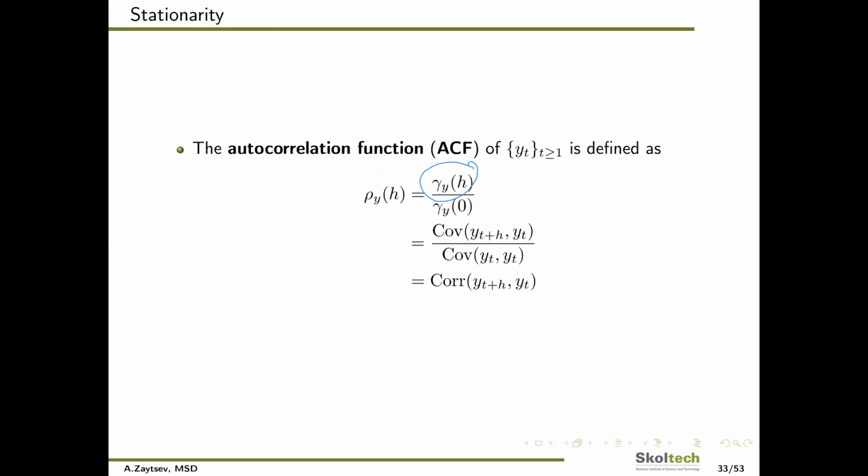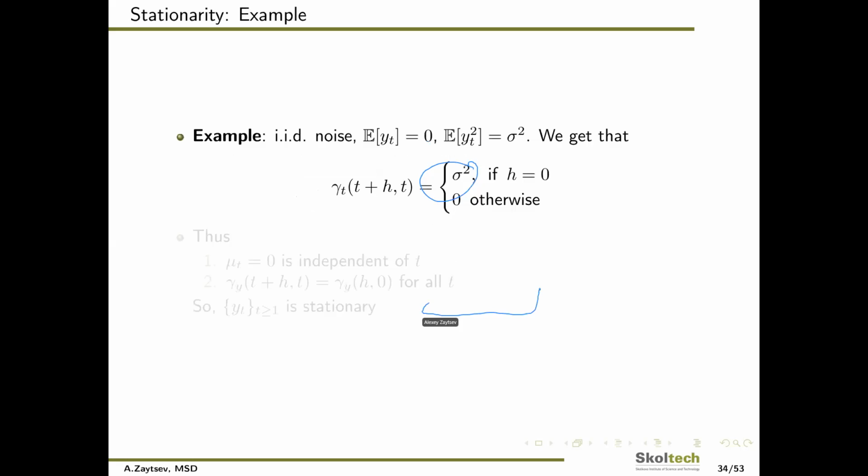So instead of covariance, we define the correlation by dividing gamma y of h by gamma y of 0. Also useful. So let's do some simple exercises, some examples of what stationarity can look like in simple cases.